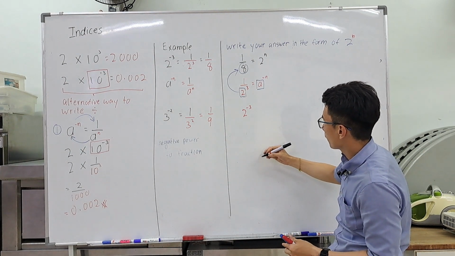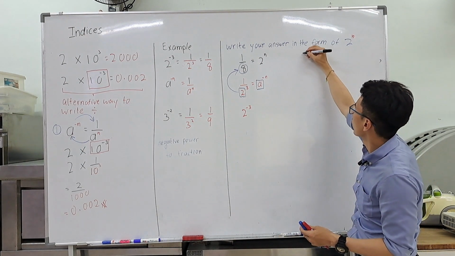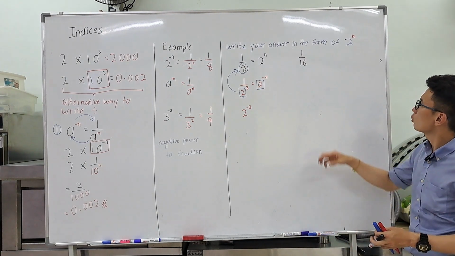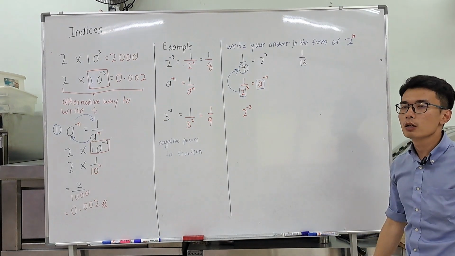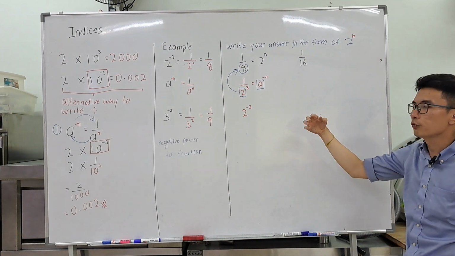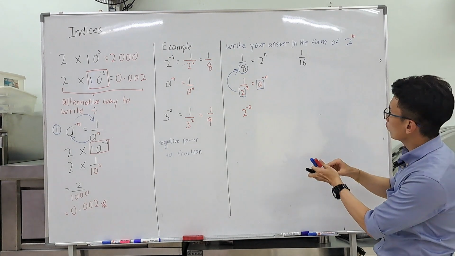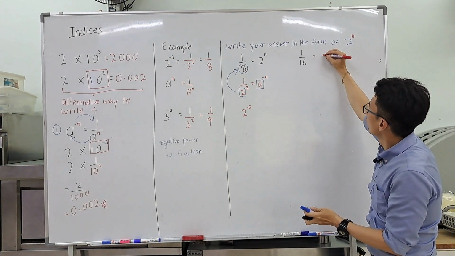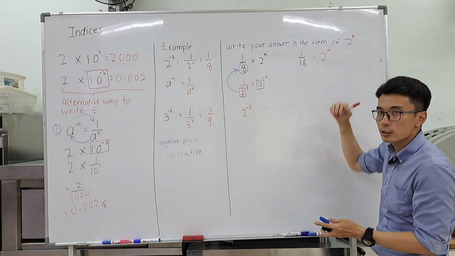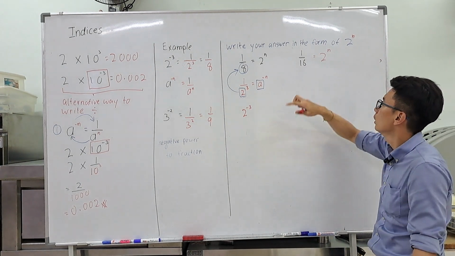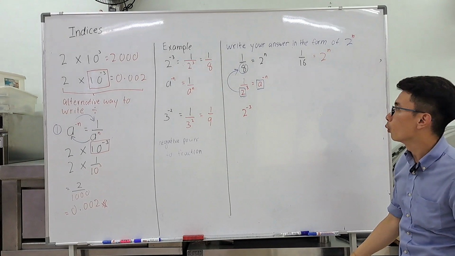Now let's just say I have 1 over 16, and I want to change it to this form over here, 2 to the power of negative n, a negative power. So I want to change it to 2 to the power of n, where n is my integer, because in this case we're interested in the negative power. So what can we do over here?